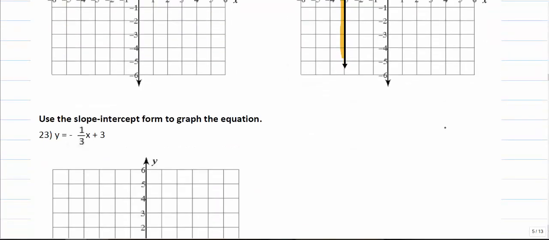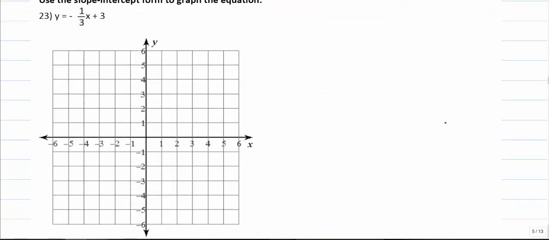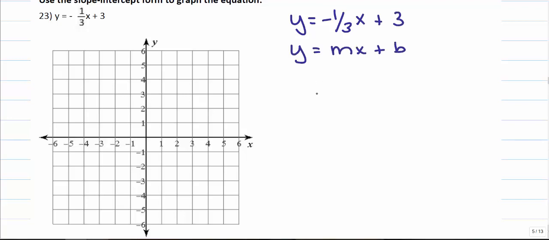All right, the last one on this grouping, slope-intercept form to graph the equation. So what you're going to do with the slope-intercept form is you're first going to look at the equation, and you're going to identify m and b. So when you have y = mx + b, here my b equals 3 and my m equals -1/3.